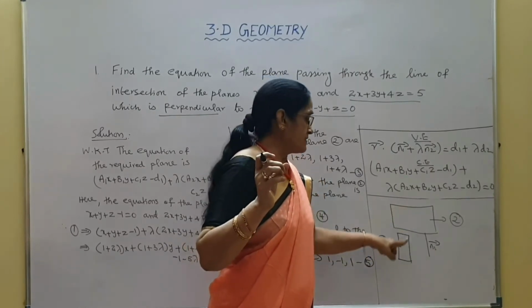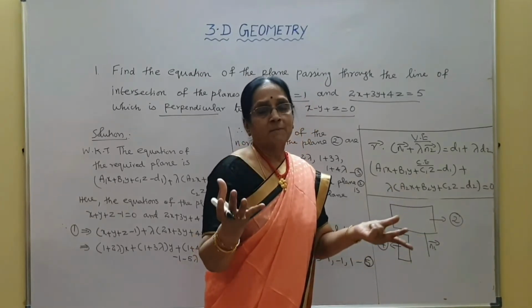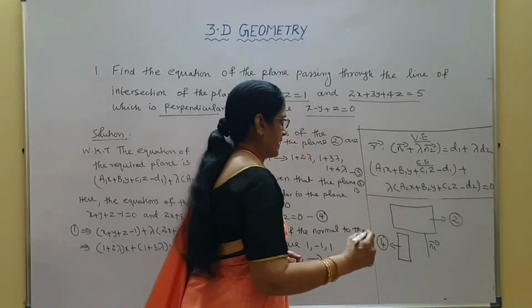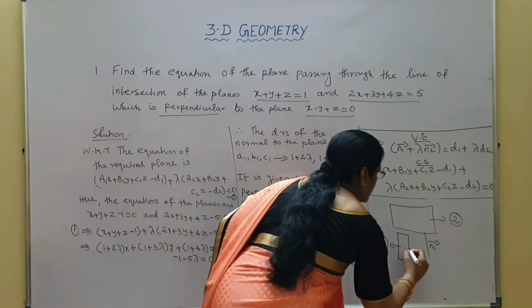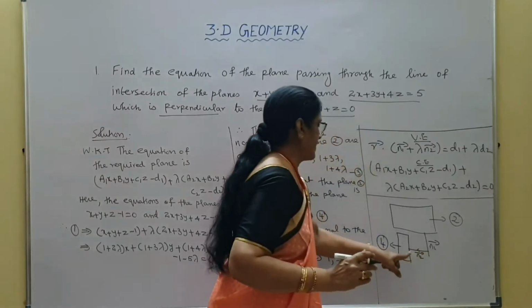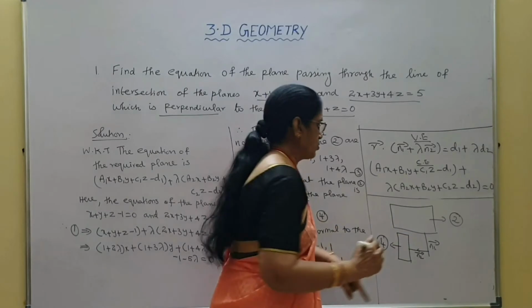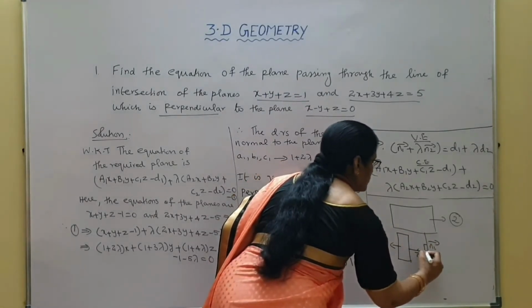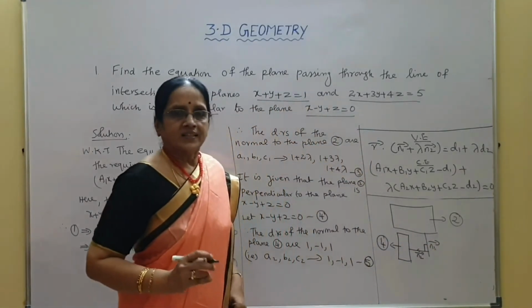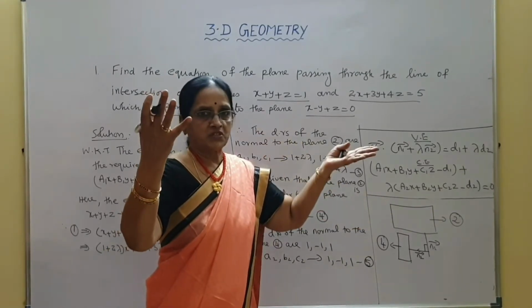When these two planes are perpendicular to each other, their normals also will be perpendicular to each other. That means if you take n2 vector as the normal vector to the plane 4, then this n1 vector and n2 vector are perpendicular to each other. This is only a rough diagram. You can imagine this in 3-dimensional.